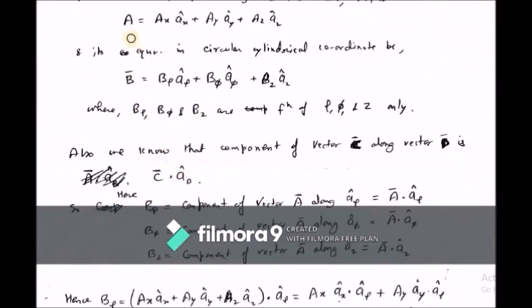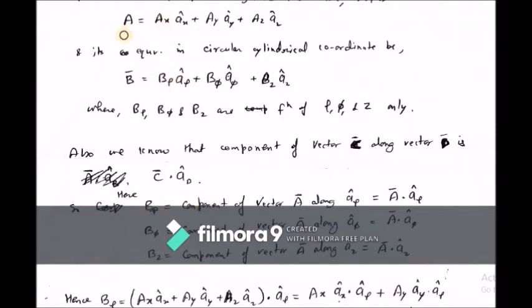Okay, now to get this conversion, we will use the fact that a component of vector c along vector d is c dot ad, where ad is the unit vector along vector d, and I showed this in my first lecture. So the vector component of c along d is c dot ad, and here what is this b rho?